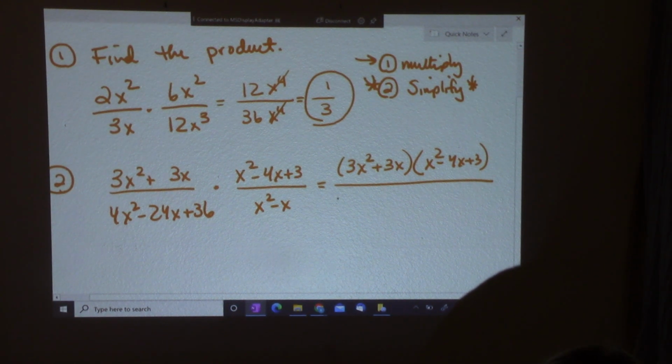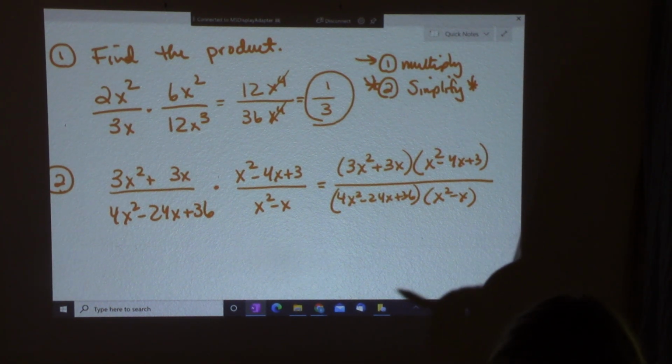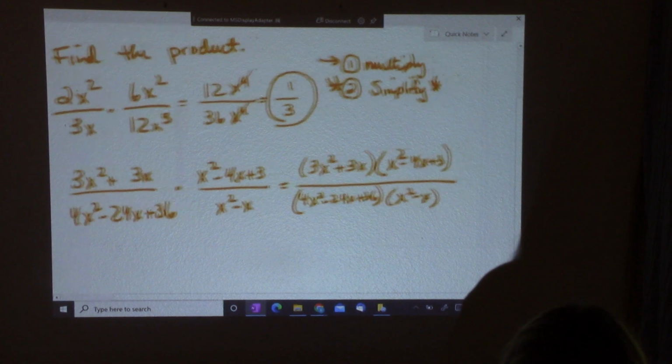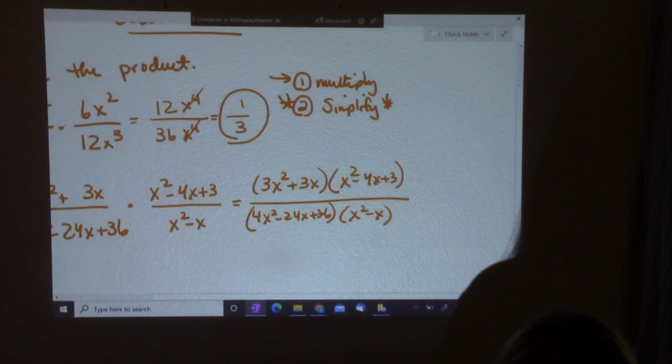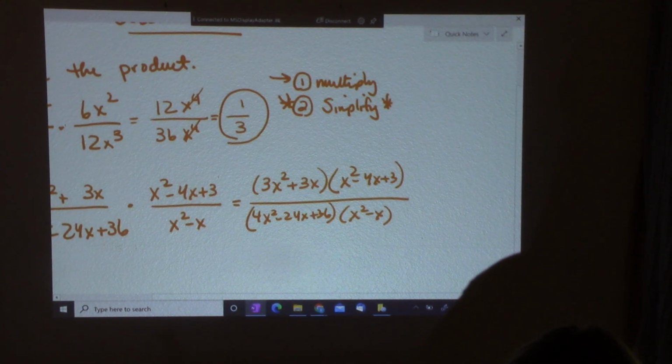So the first thing I do when I multiply is I just put them all next to each other. Now, I'm not actually going to do the multiplying. I'm now going to try to factor things out.